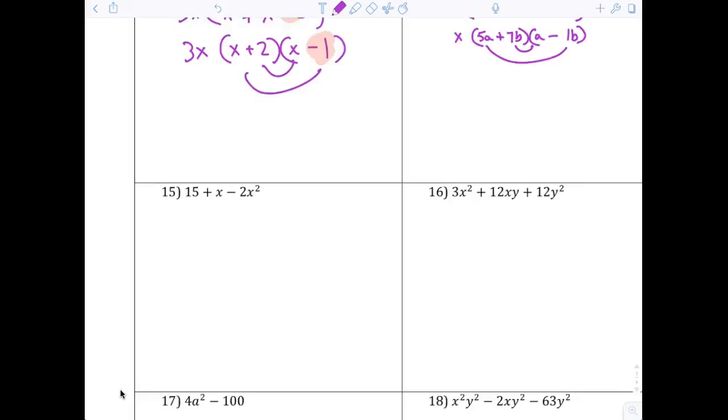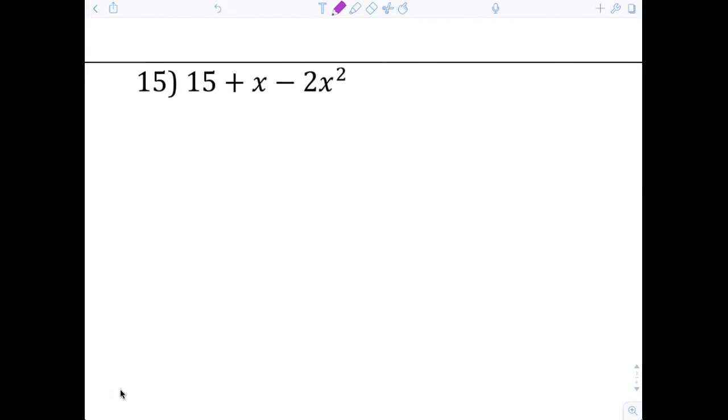All right, here we go. 15. You're up. Now, I don't want you to switch the order around. Do not switch the order. When you switch the order, the negative 2x squared, it's harder than to have it at the end. Trust me. So what are the factors of 15? So I'm going to put 5 and 3.